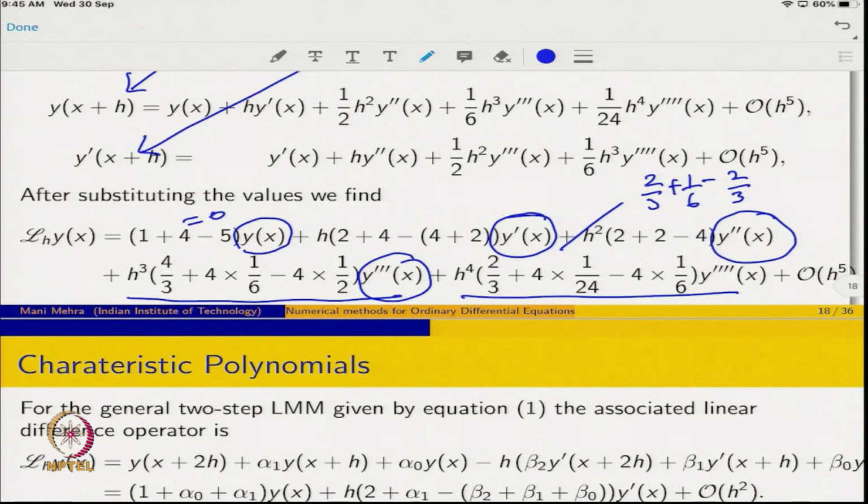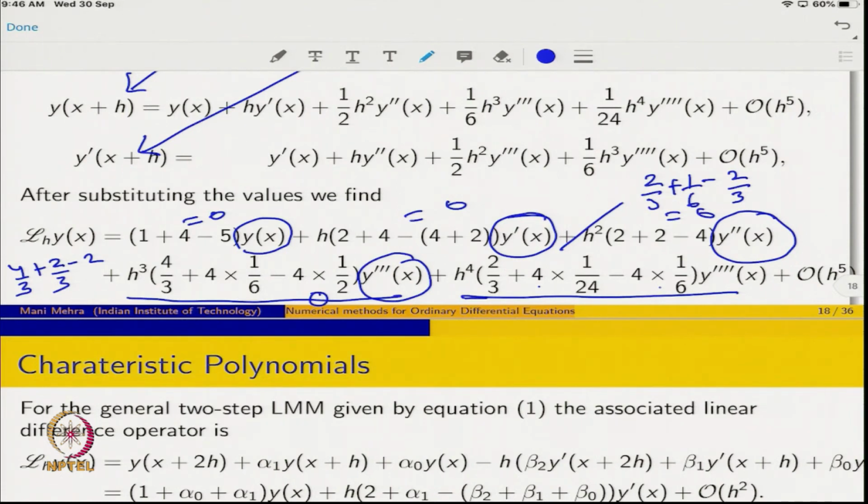Let us do it, this is also 0, this is also 0. And here we have to see, so this is 4 by 3 plus 2 by 3 minus 2. So, this will again be 0. Then this will be 2 by 3 plus 1 by 6 minus 2 by 3. So, this is the non-zero term. So, this will be order of h4. So, the order of the difference scheme will be 3 in that case.